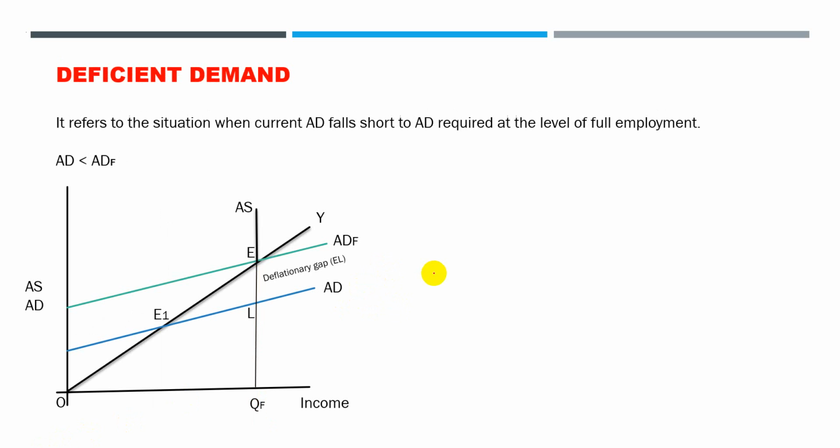Now let us see the deficient demand. When the equilibrium between aggregate demand and 45-degree line, that is income line, takes place at a less than full employment level, it is termed as underemployment equilibrium.